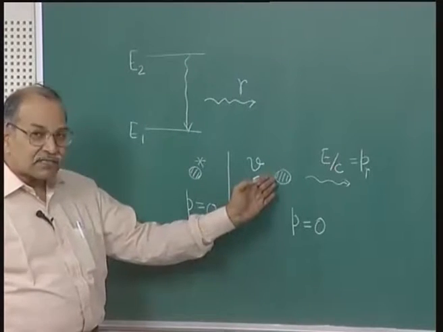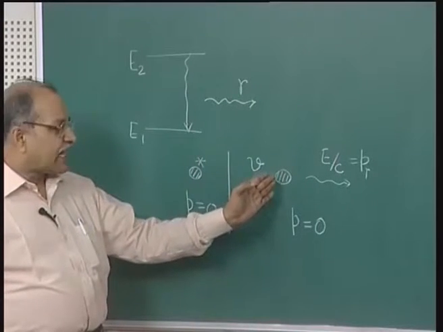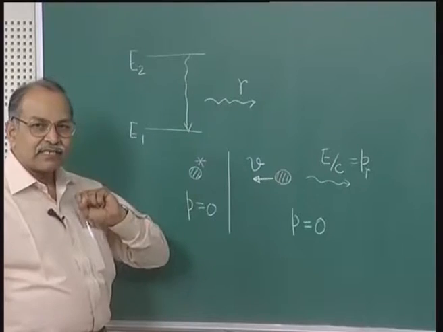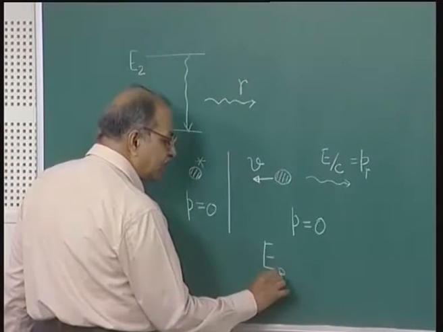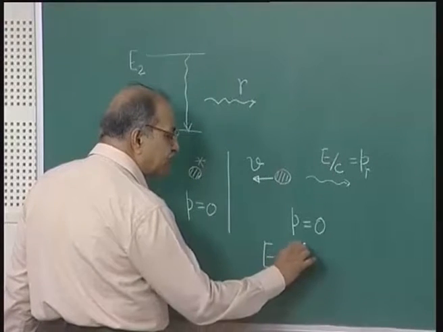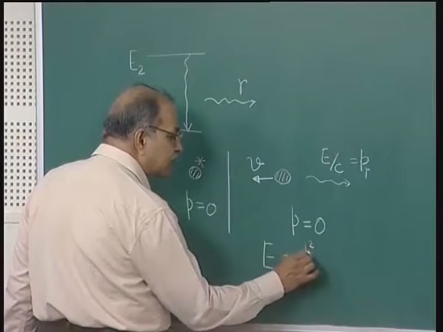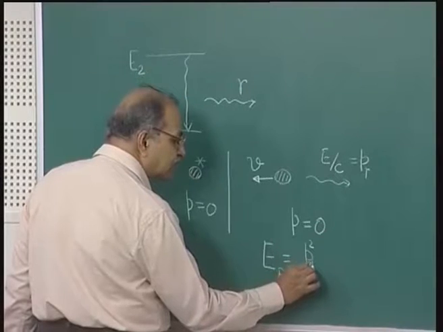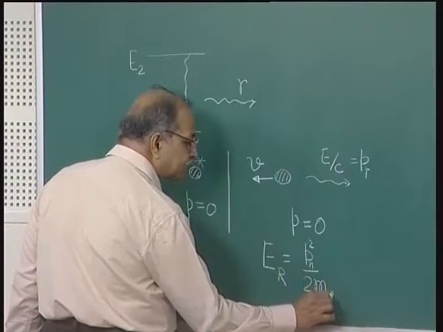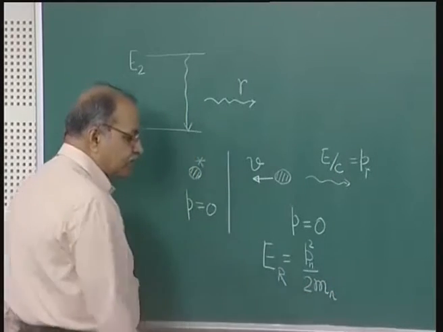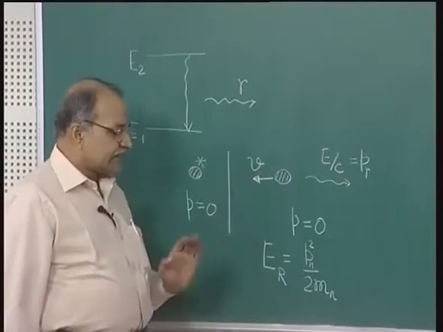Then there is some kinetic energy of this nucleus, which we call E recoil, that will be P squared, the P of this nucleus, divided by the mass of this nucleus, not neutron, nucleus. That is the kinetic energy.